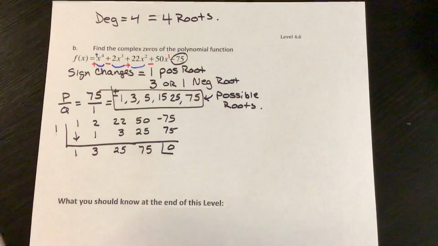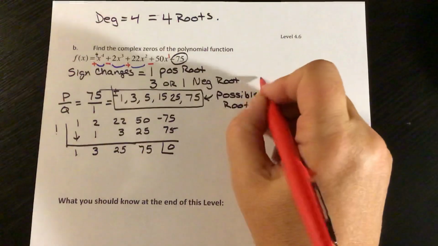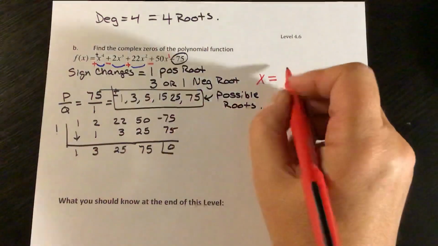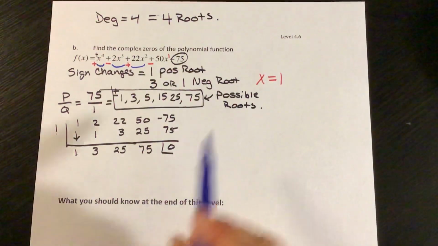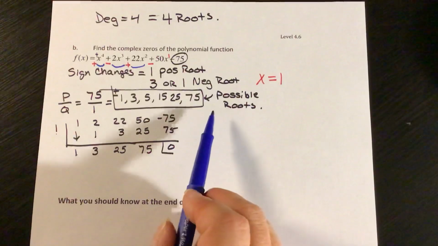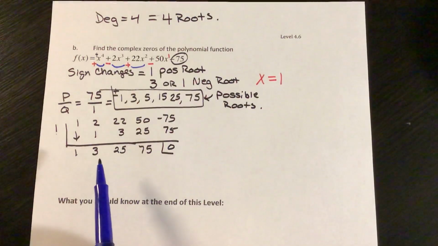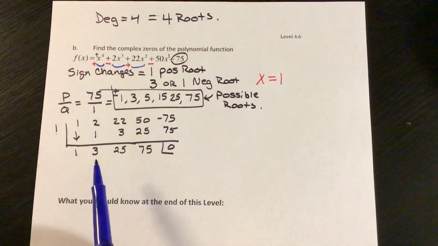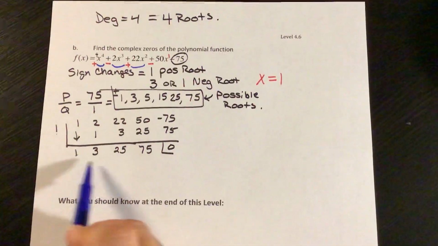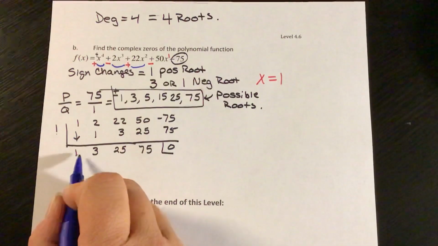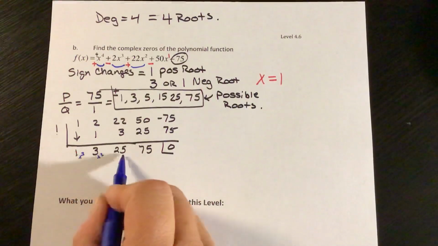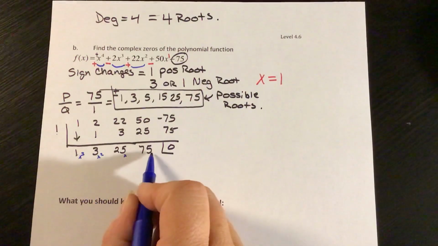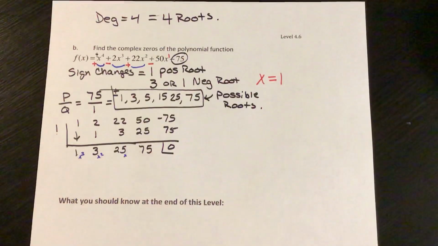Okay, so I know that x equals 1 is one of my factors. That's my positive one. Now I need to find a negative factor. All right, so these now are my coefficients. This is 1, x to the third, 3x squared, 25x, and 75.